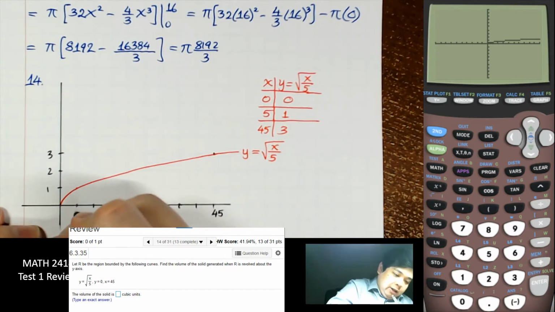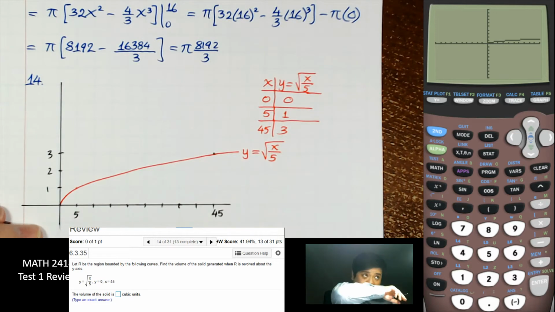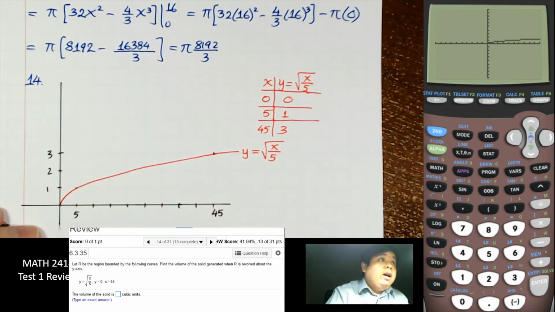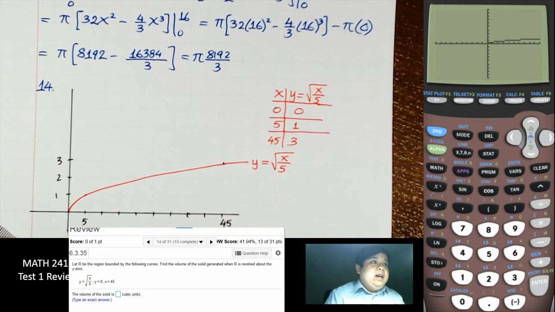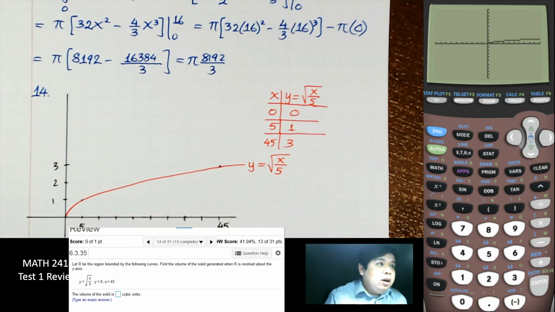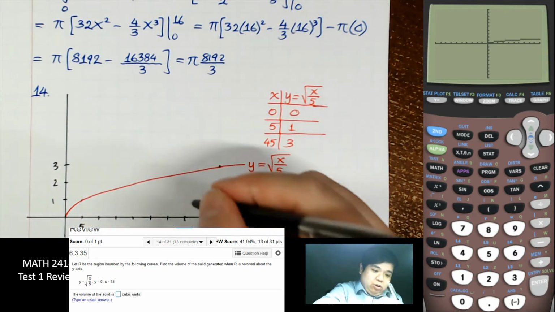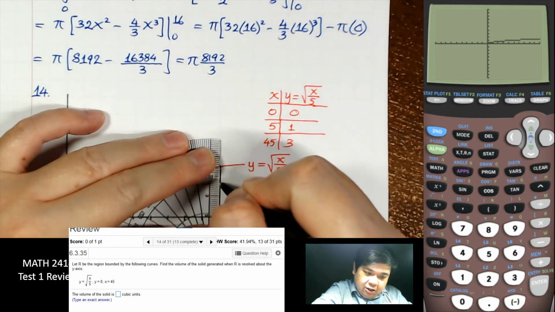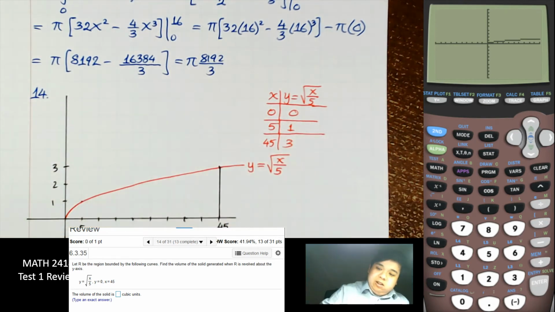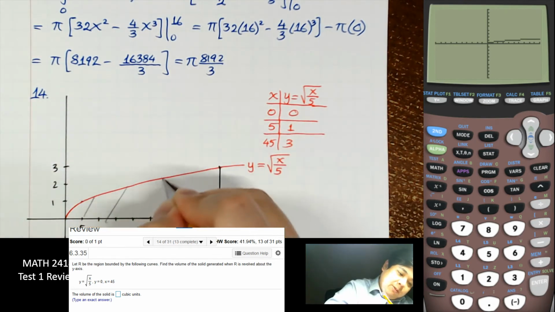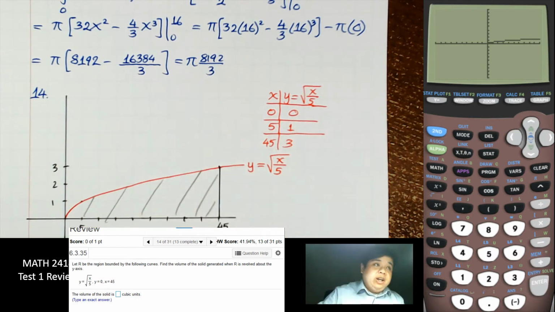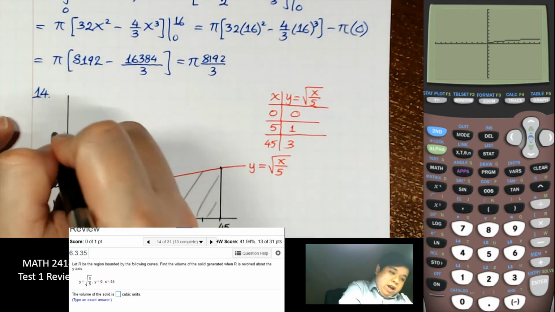And then also between the y equal to 0, so the x-axis. So we're talking about this region here. It is rotated about the y-axis.